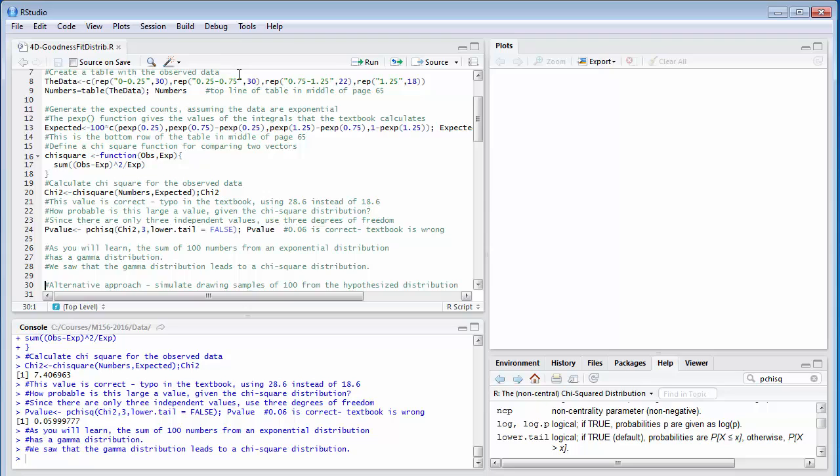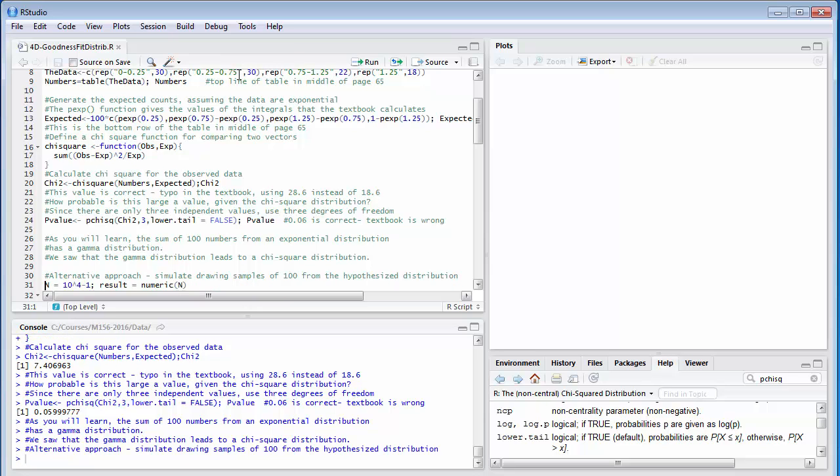Another way of getting the sum of 100 numbers from an exponential distribution is to use a gamma distribution. And you saw in the very first script for this week that the gamma distribution leads rather nicely to a chi-squared distribution. But now let's take a resampling approach to this.